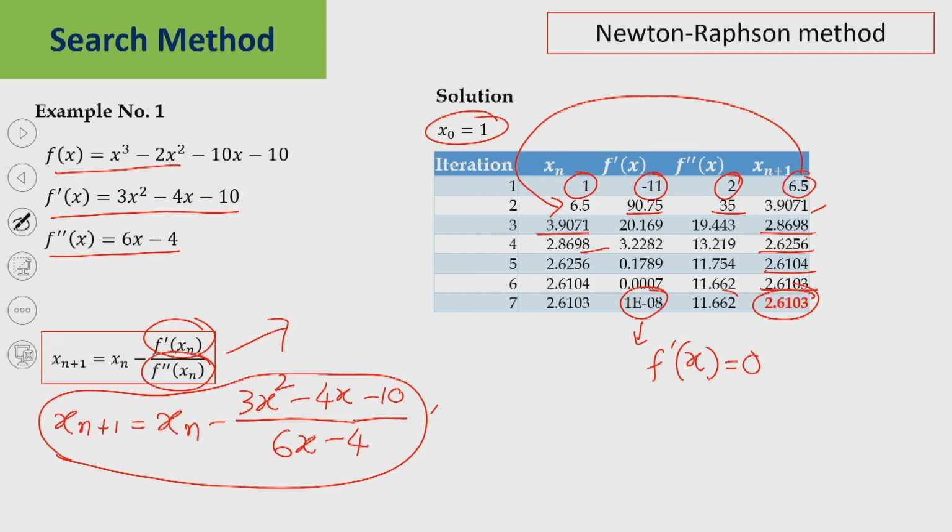For every first derivative you need 2 function evaluations, and for the second derivative you need an additional 1. That means every iteration you are doing 3 function evaluations. So, the computational complexity may be more than the golden section search method.